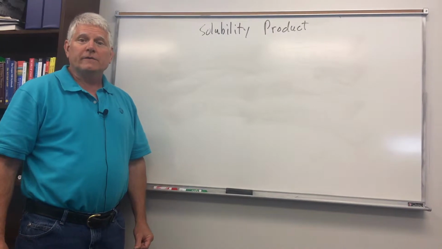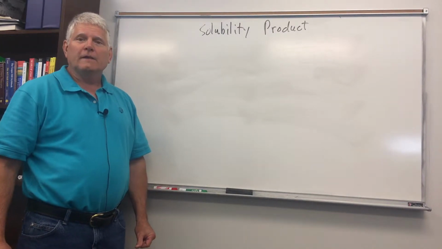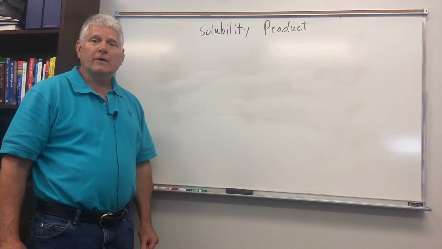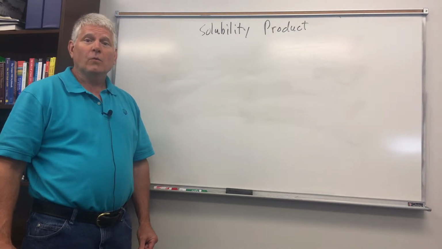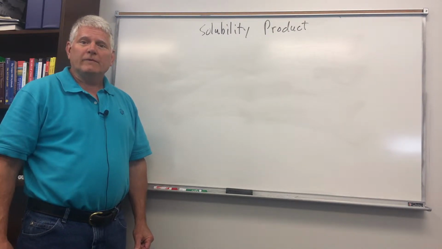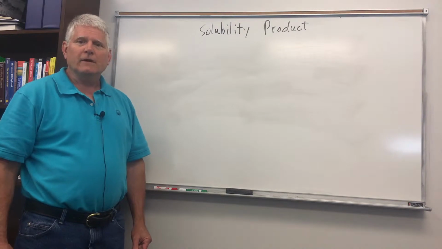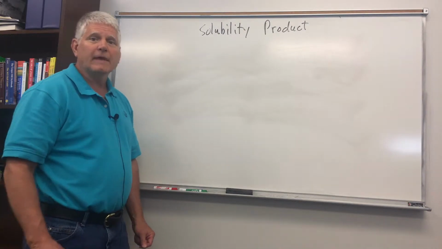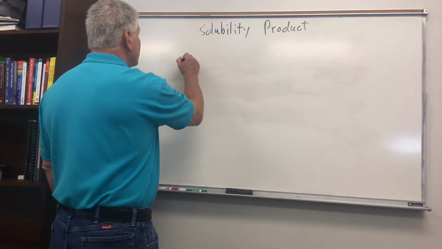Now, you saw in the first semester of the class that there are some compounds that are insoluble in water. Some compounds are very slightly soluble in water. An example of that would be silver chloride.